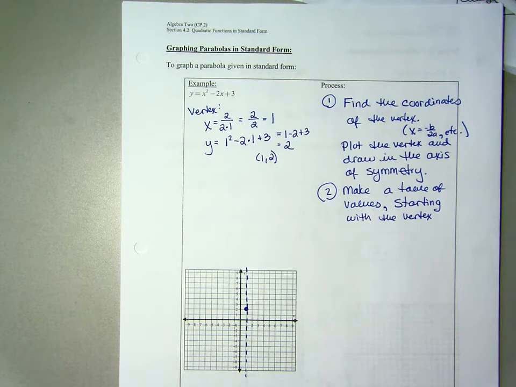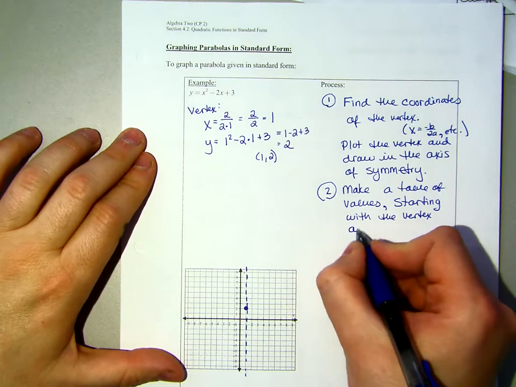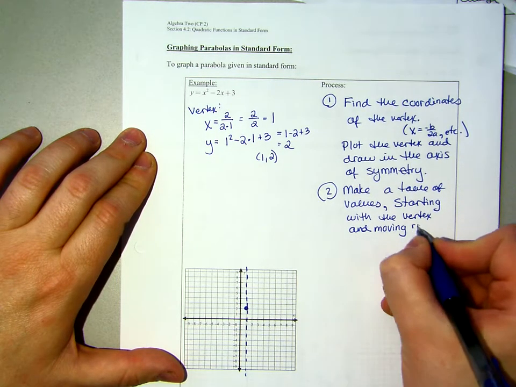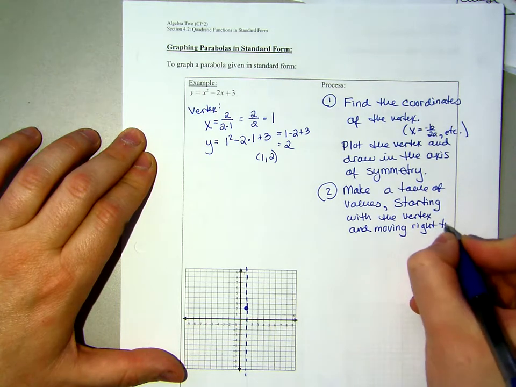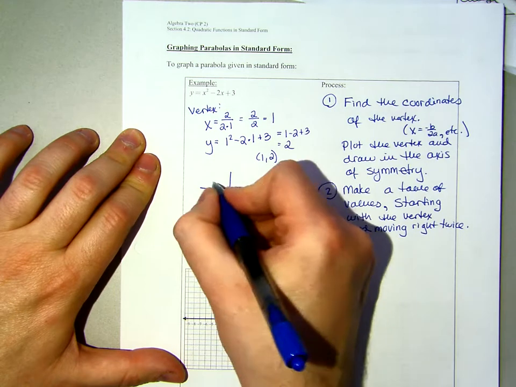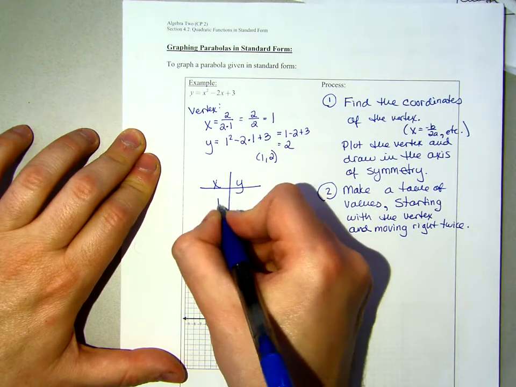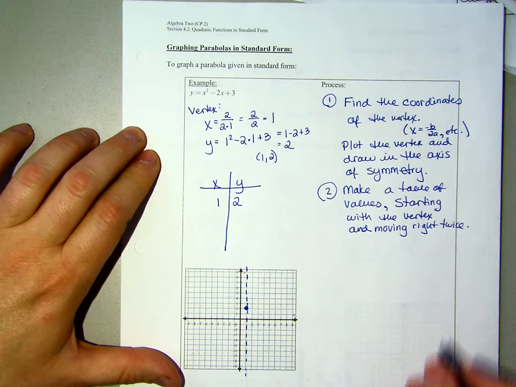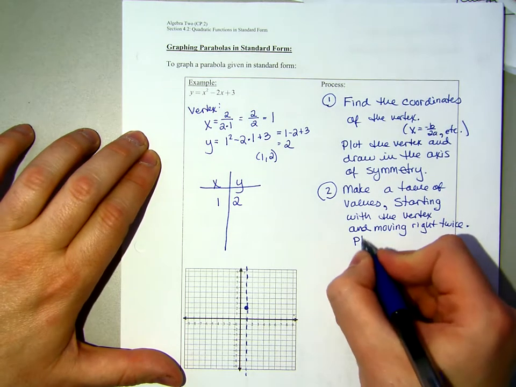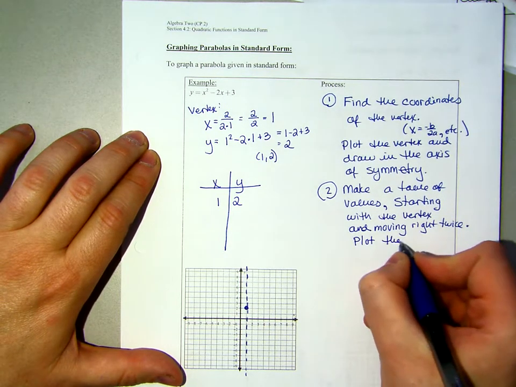Let's just copy it down. I'll show you exactly what that means in a moment. And moving right twice. I guess I should add another step in here. Then we're going to plot those points.